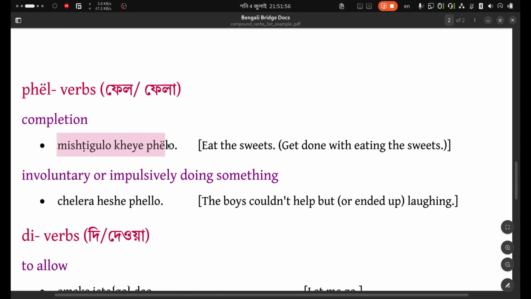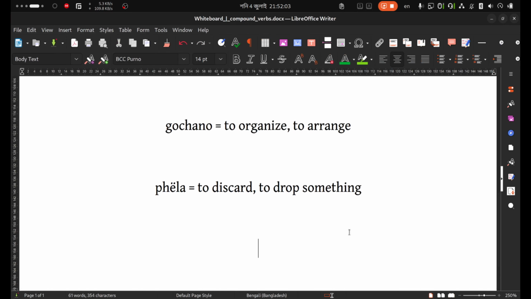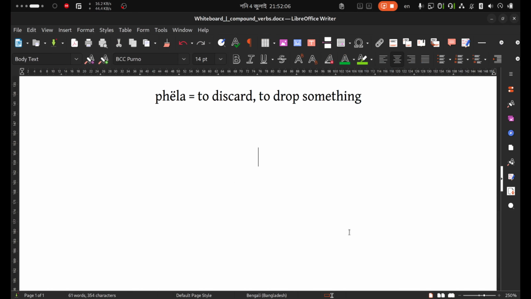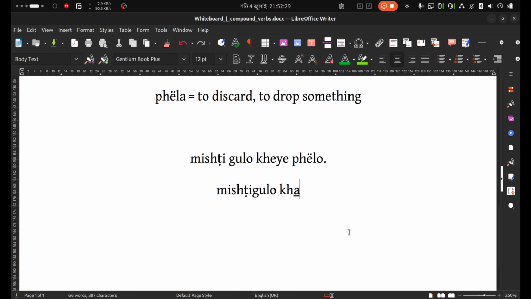First example, মিষ্টিগুলো খেয়ে ফেলো। Instead of writing that sentence, I could have simply written মিষ্টিগুলো খাও.